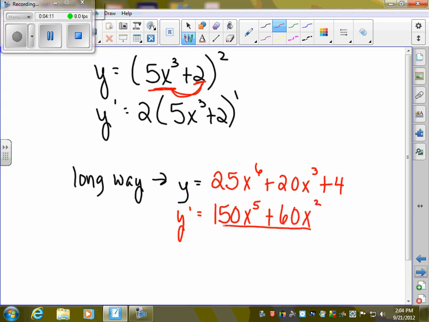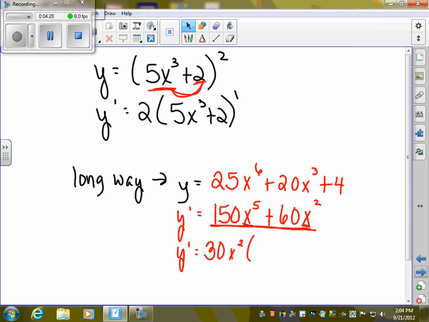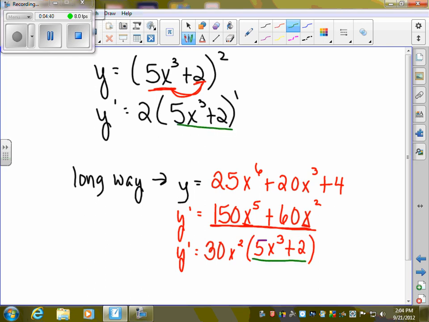Now let's manipulate this and see what we can do with it. 150 and 60 are both divisible by 30, and then we've got x to the 5th and x squared, so I could factor out an x squared. That turns out nice, because that's going to give me my (5x cubed plus 2), which was what we had up here.